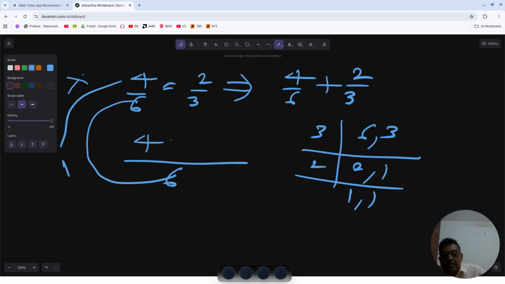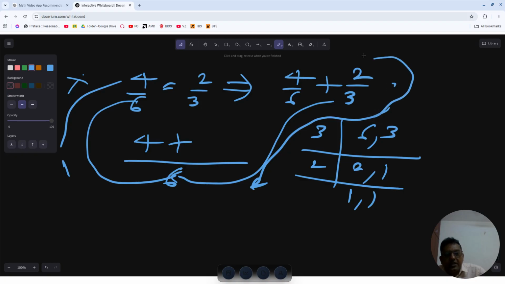Then you are adding here. Now 6 divided by 3 becomes 2, and that 2 gets multiplied by this 2, so it becomes 4. That means the answer is 8 by 6.